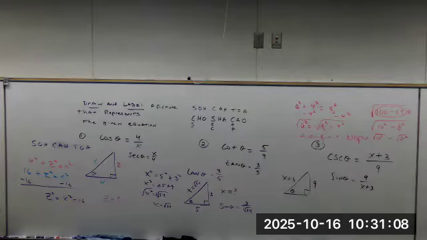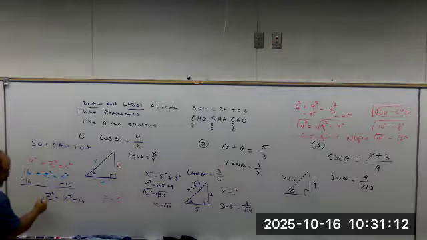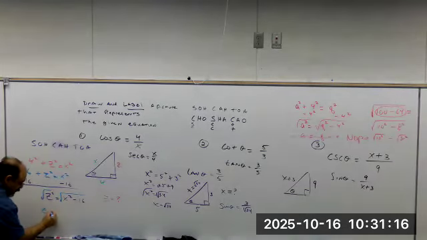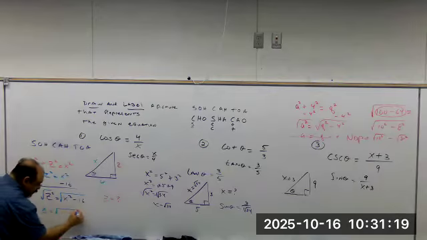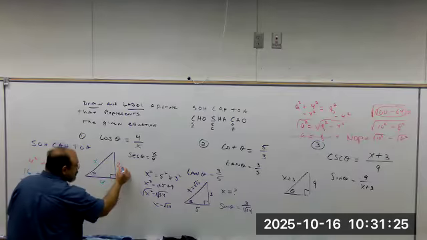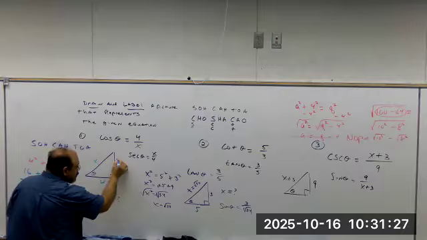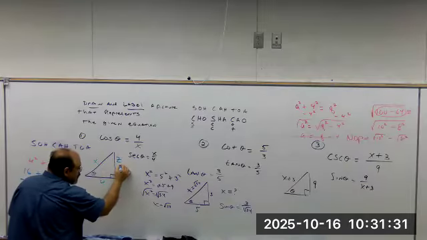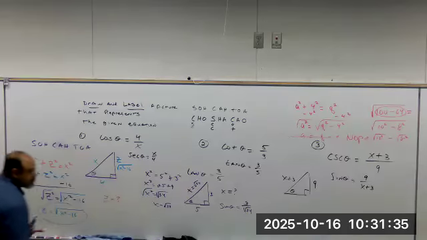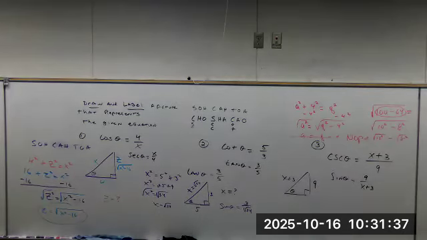And then you take the square root. We take the square root of those things. And this is all you can do. z is just the square root of x squared minus 16, because you don't know what x is.